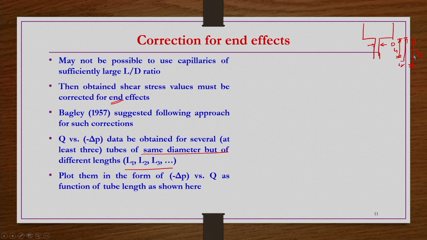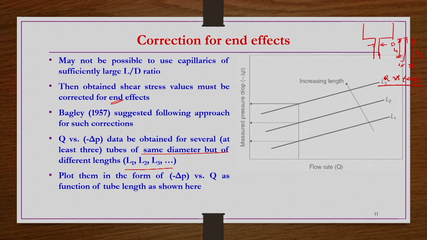The diameter you keep the same, and you try to get the Q versus minus delta P information for each of the 3 cases. So, if you plot the measured pressure drop, that is minus delta P, versus flow rate, then you can have different lines like this.